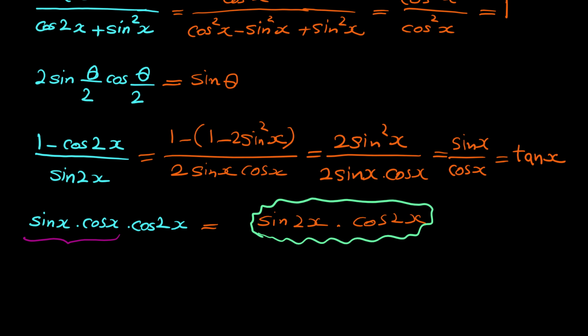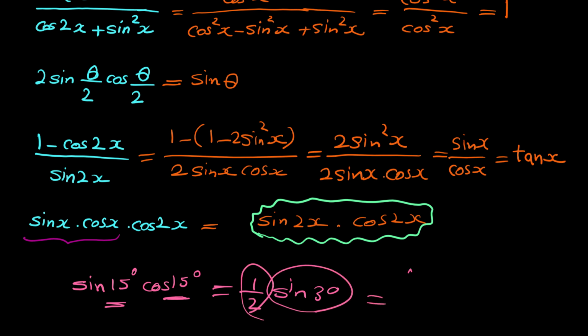Let me show you, before I continue this question, more examples about this. Suppose I am asking you, what is sine of 15 degrees times cosine of 15 degrees? You have to say this equals 1/2 sine of double of these angles. Double of 15, 30. And sine of 30 degrees is 1/2. 1/2 times 1/2 is 1/4.